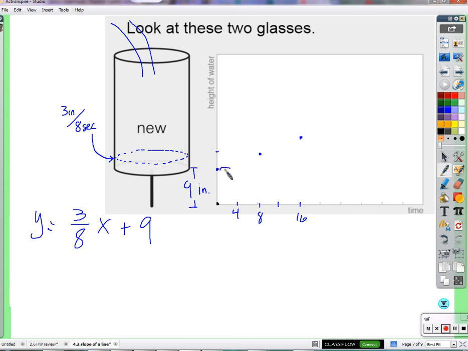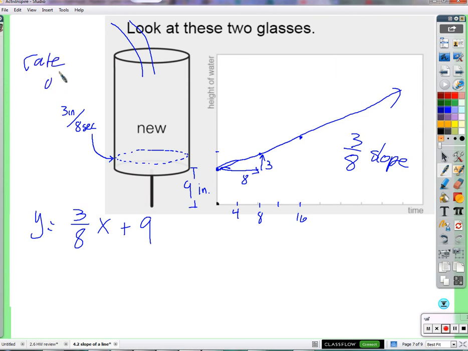So this over 8, up 3 is called our slope. Again, it's called the slope of our line. It's also the rate of change of the height, in this case.